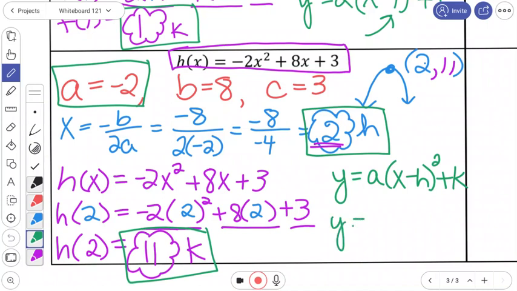So y equals -2 times x minus h, x minus 2 squared, and then plus k, +11. Just don't forget, this h value is positive, so when you substitute it into your equation down here, it ends up being a negative value. And that's how you can change your equation from standard form to vertex form.